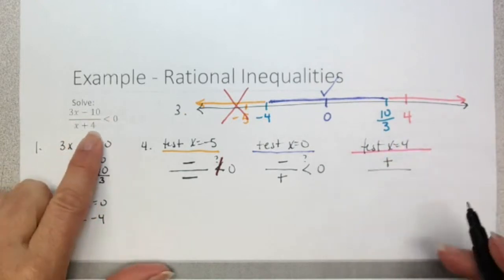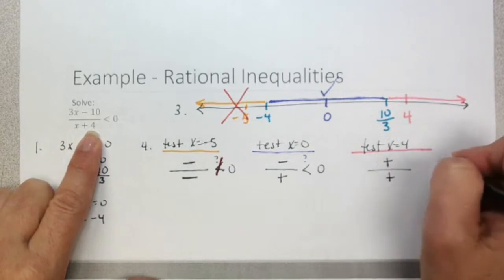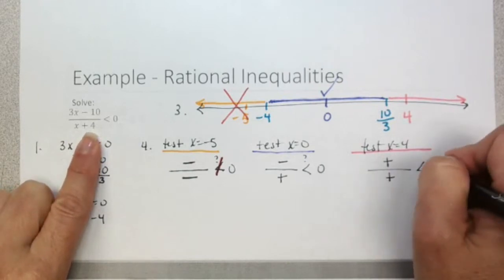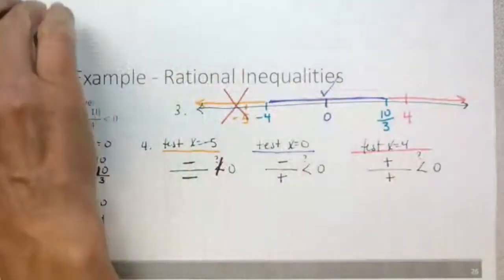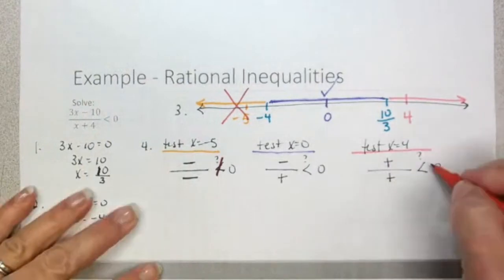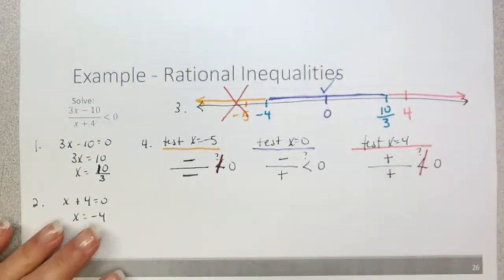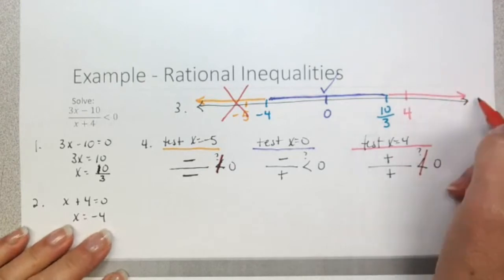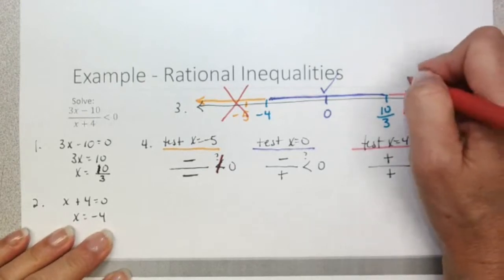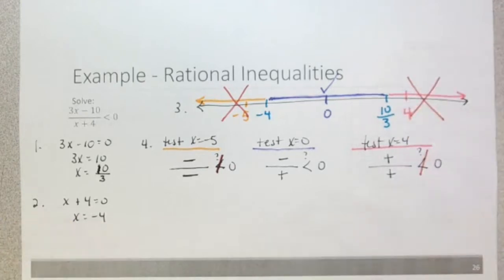When x is 4, 4 plus 4 is positive 8, so my denominator is positive. A positive over a positive, is that less than 0? No, it isn't. It's greater than 0. So this pink interval is not one that we want. It does not satisfy our inequality.